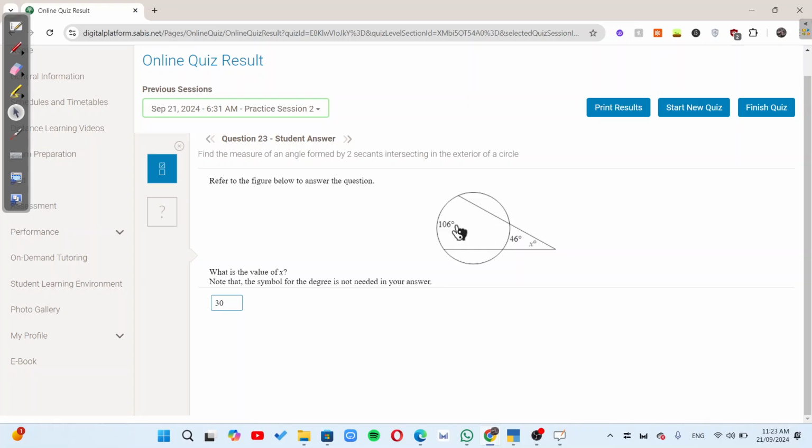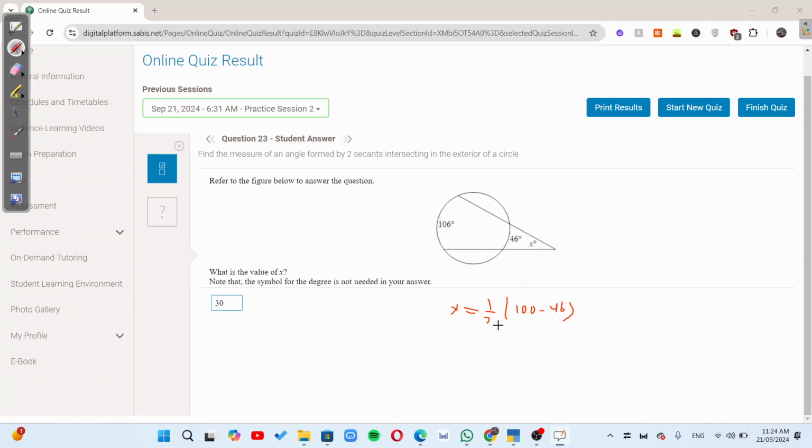Here is what I told you about when you have it intersecting outside. So you know here that x equals half of far angle minus close angle. So 100, minus 46.